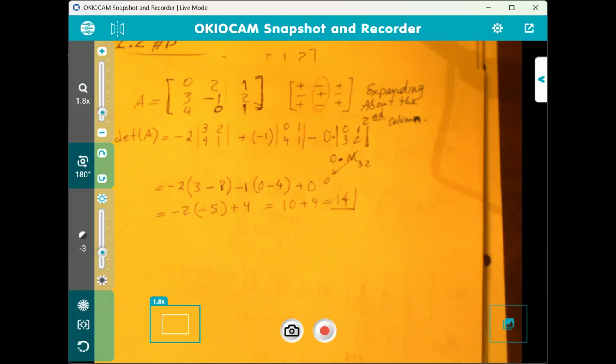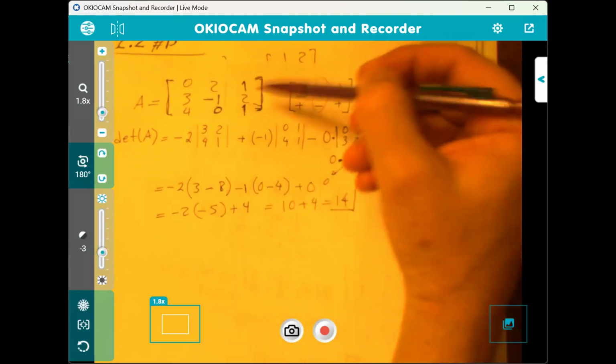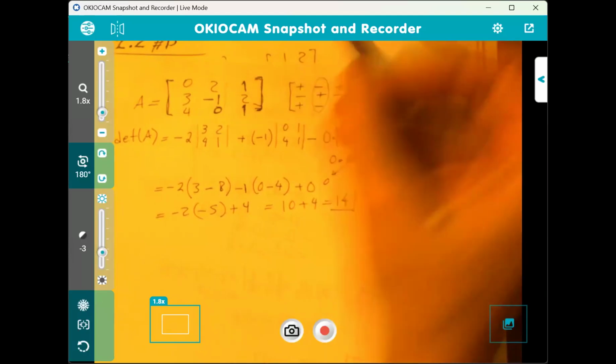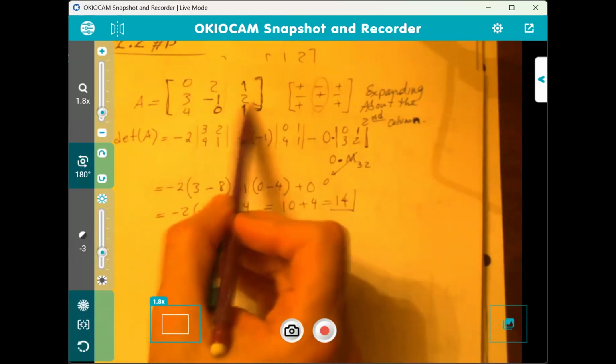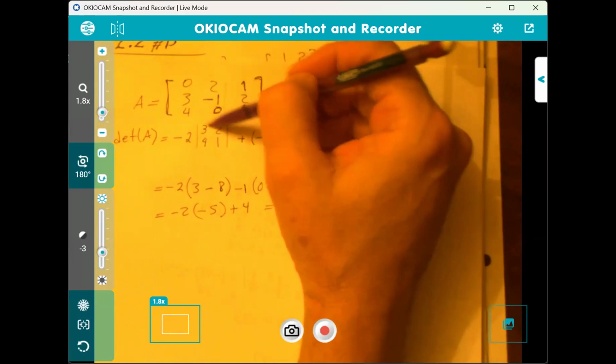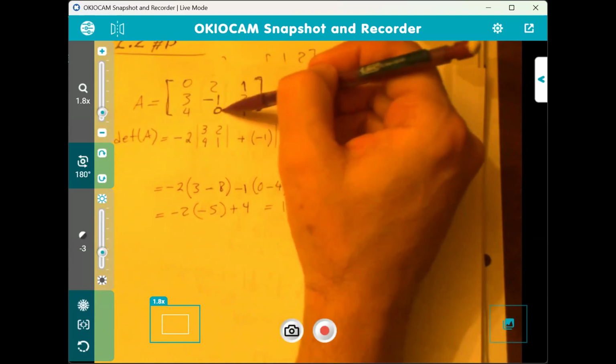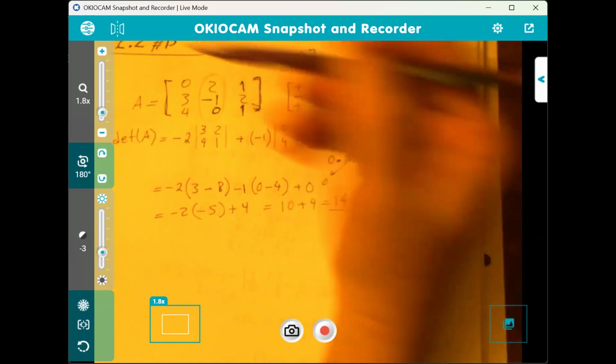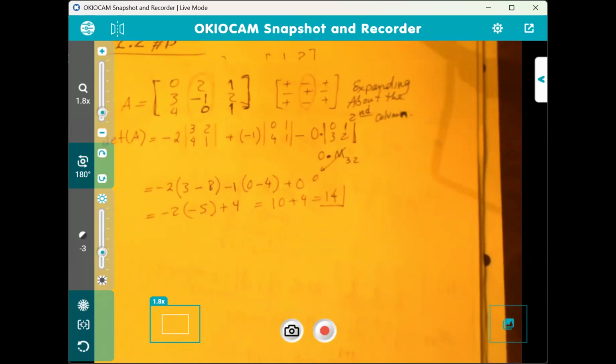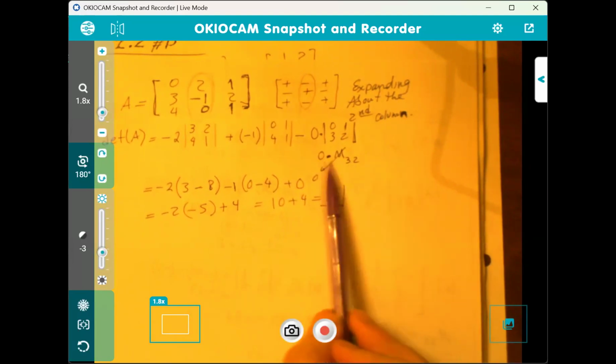Now, the general rule, if we were to do this by hand, is this. You can expand about the third column. You can expand about the middle row. I picked second column. Why do you think I picked this column? Anyone? And you can kind of see that's the hint here.